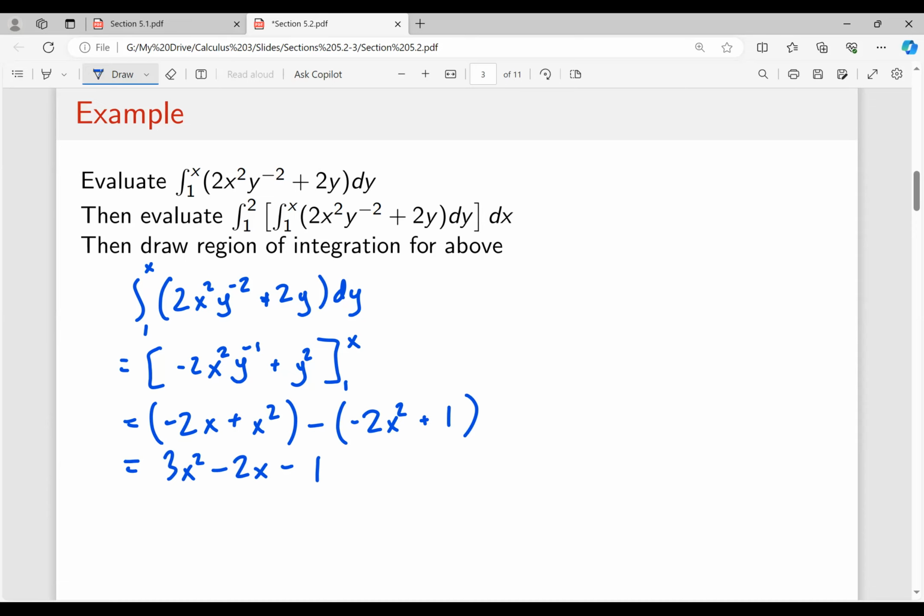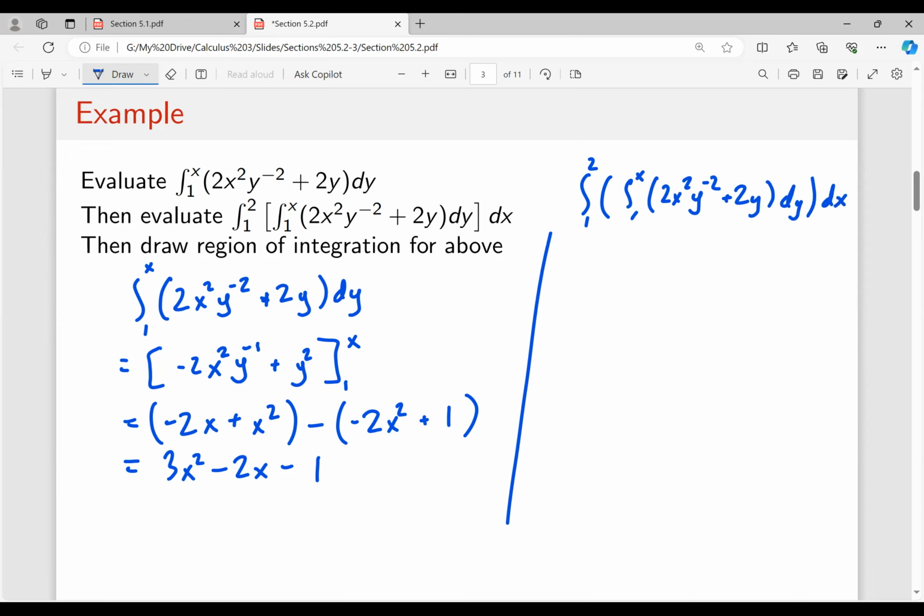That's the inside. So when I then integrate from 1 to 2, the integral from 1 to x of 2x squared y to the negative 2 plus 2y dy dx, well, the whole inner integral is something I already did.